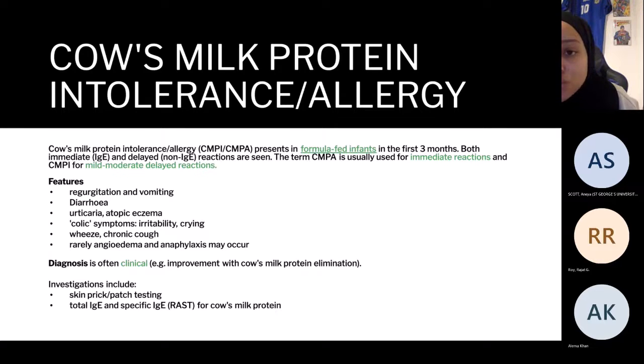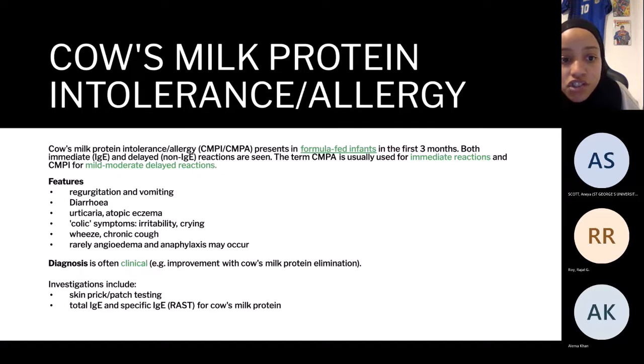If it's delayed, usually by the time they are 5, it resolves. But if it's an immediate reaction, so they get urticaria, rash, diarrhea, vomiting, quite immediately after they drink milk, then it's usually something that will last longer, till their teens and beyond.